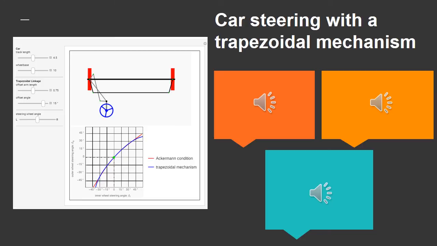This condition ensures that the turning circles of both wheels have their center on the same horizontal line defined by the rear axle. We can see that the plot shows how close a trapezoidal linkage can approximate the Ackermann ideal given the right geometry of the car and the linkage.